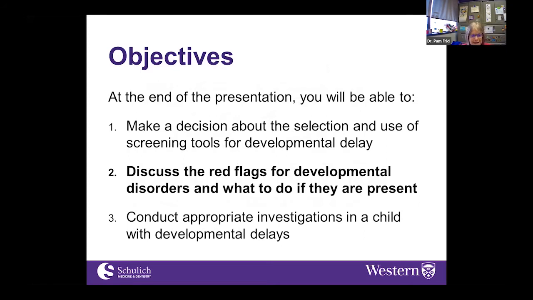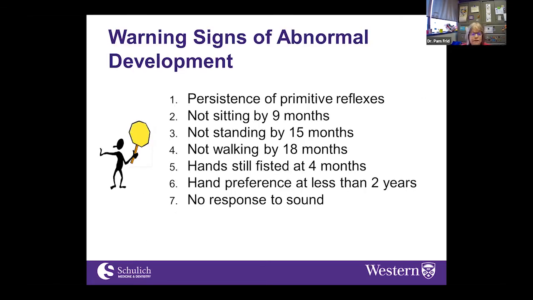screening tools. And now I'm just going to move on and talk briefly about the red flags that may be in the children. And these are the kinds of things that sometimes the parents notice, school teachers notice, daycare teachers notice, and so on, or that you may find out as you're doing your surveillance. So this is a list of some of the red flags that we see for abnormal development.